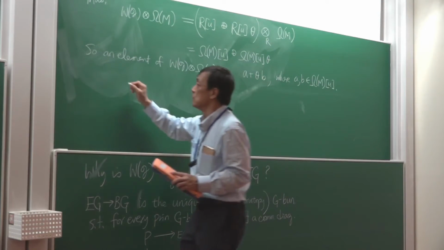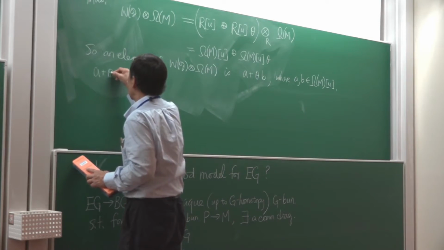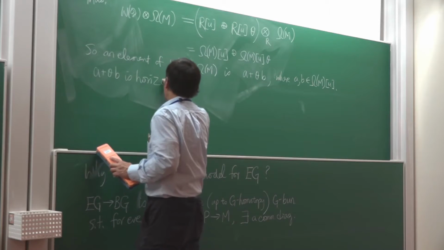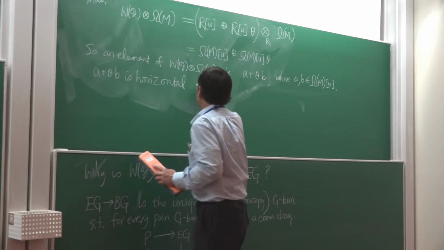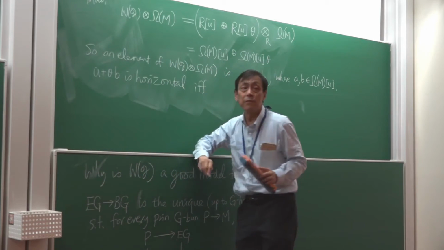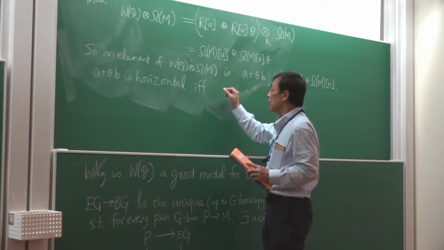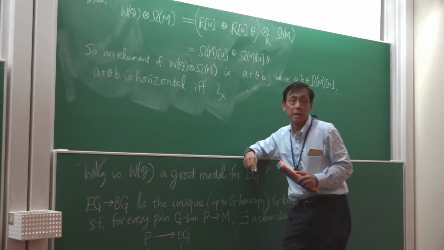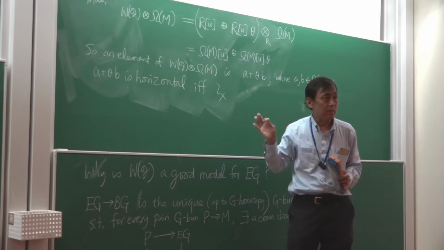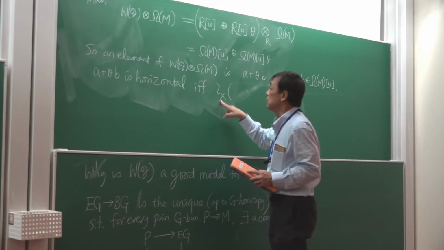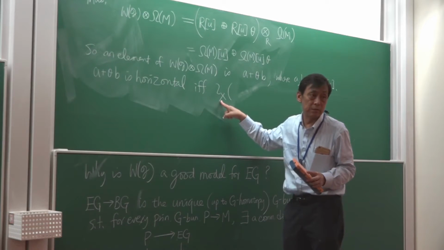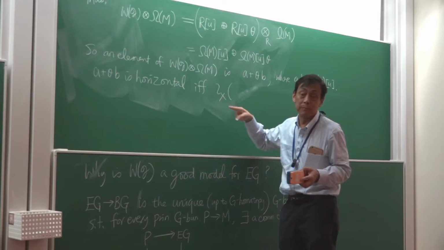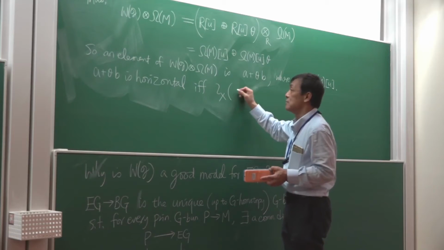And such an element is horizontal if and only if the interior multiplication with respect to all vertical vectors is 0, but you only need to use one vector because the Lie algebra is one-dimensional.